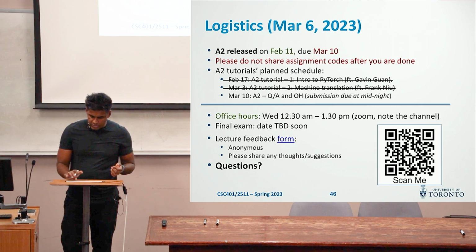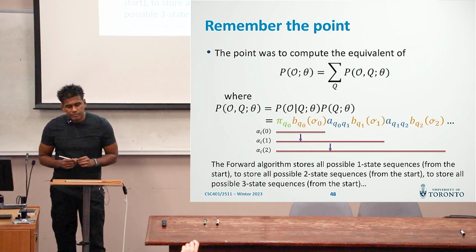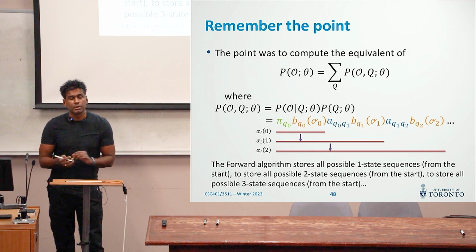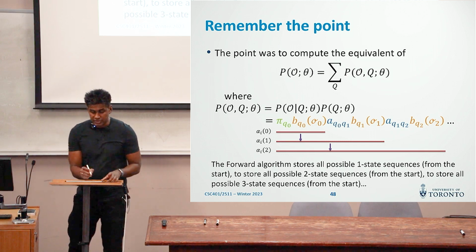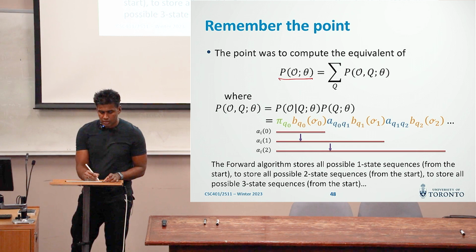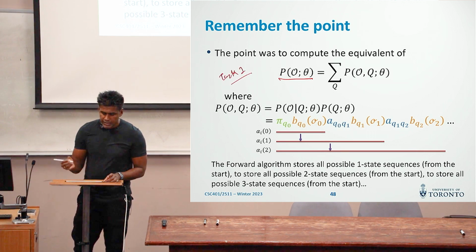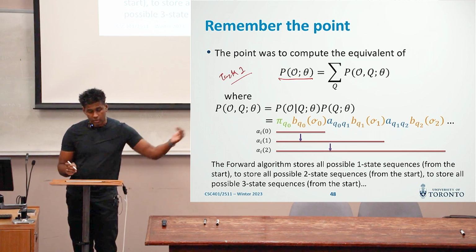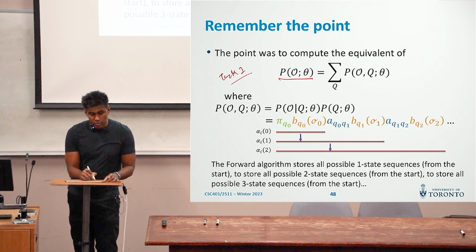So we can ignore these 2 slides. Again, a reminder that the whole point was to find out the observation likelihood. So we're still in the space of task 1, trying to calculate the observation likelihood. And we know from our forward procedure what phi looks like, which is depicted over here.